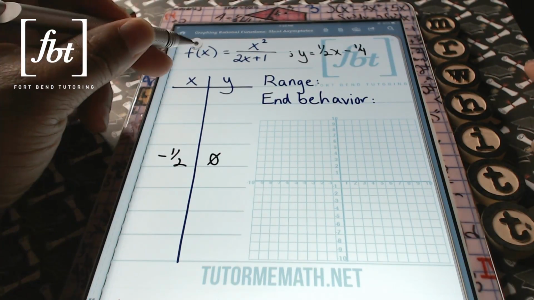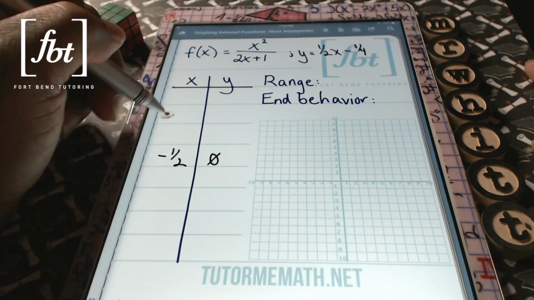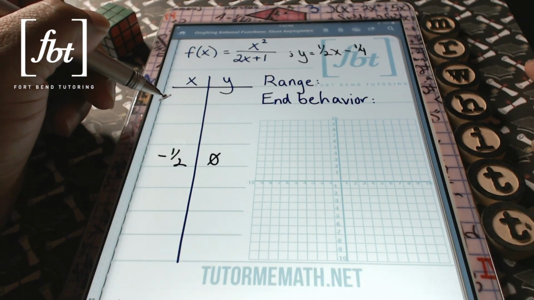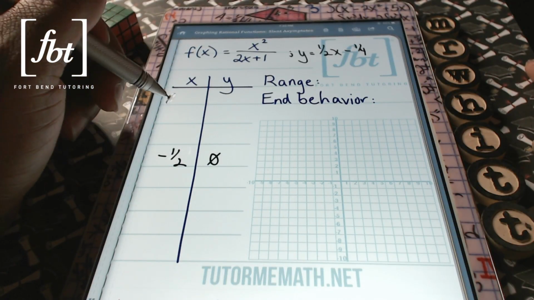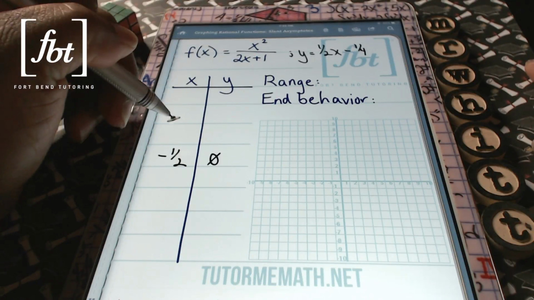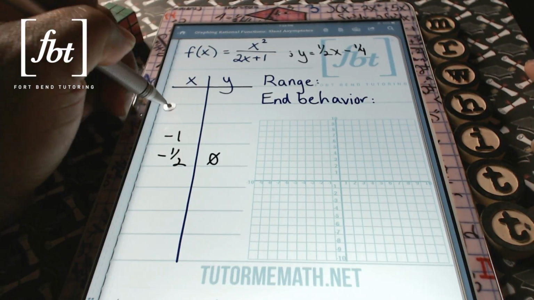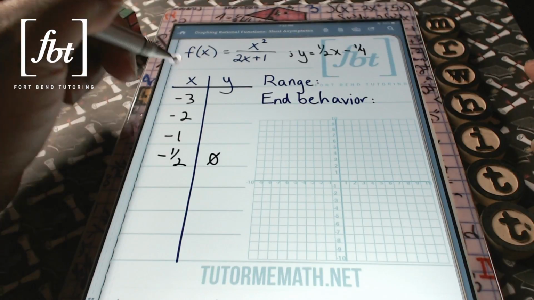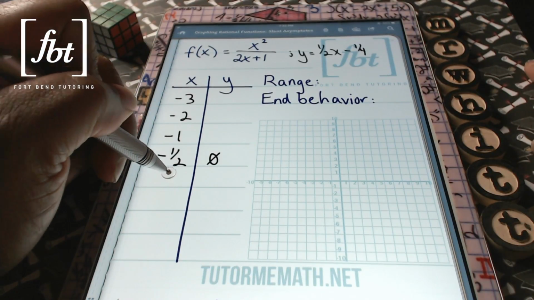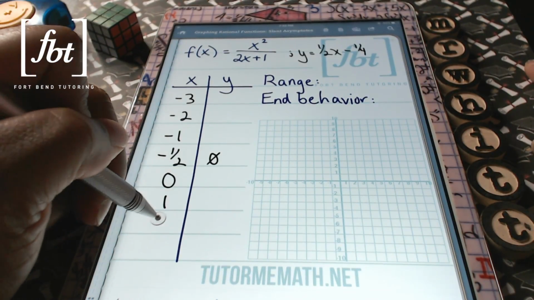So what I'll do is move incrementally to the left and right of negative 1/2. And by the way, I'm a little lazy, so I like to use integers instead of fractions. So I'll be moving to negative 1, negative 2, and negative 3 here, as well as 0, 1, 2.